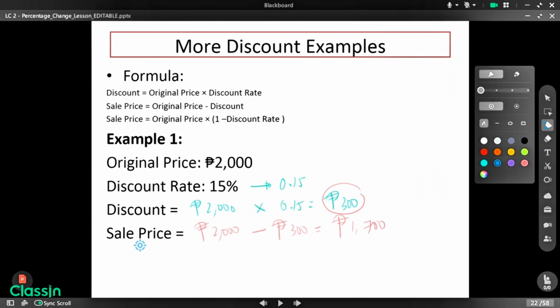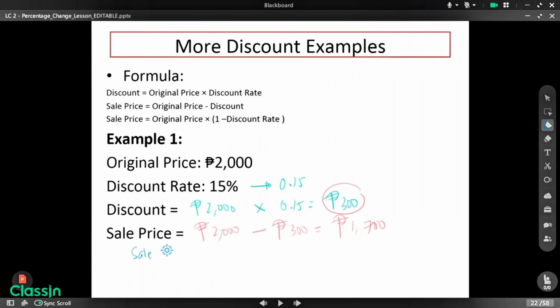Now let's use the other formula. For us to get the sale price, original price times 1 minus 0.15 because we have a discount of 15%.